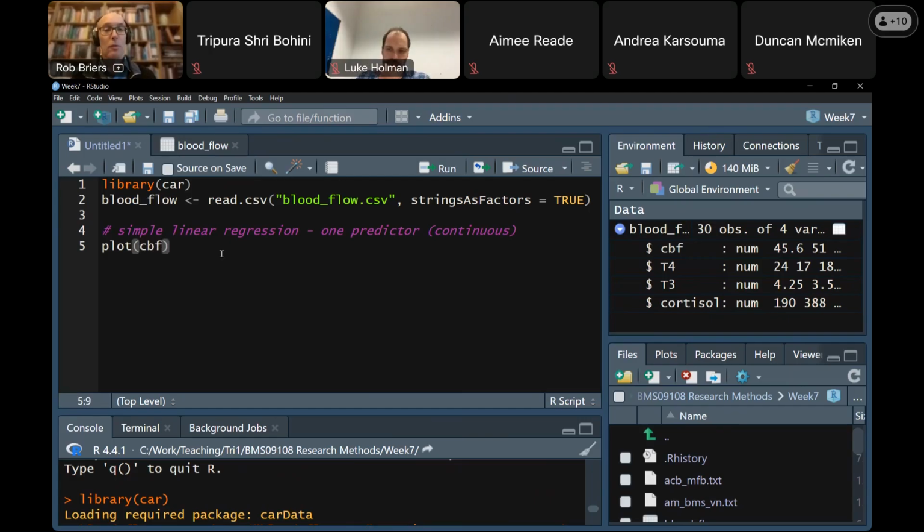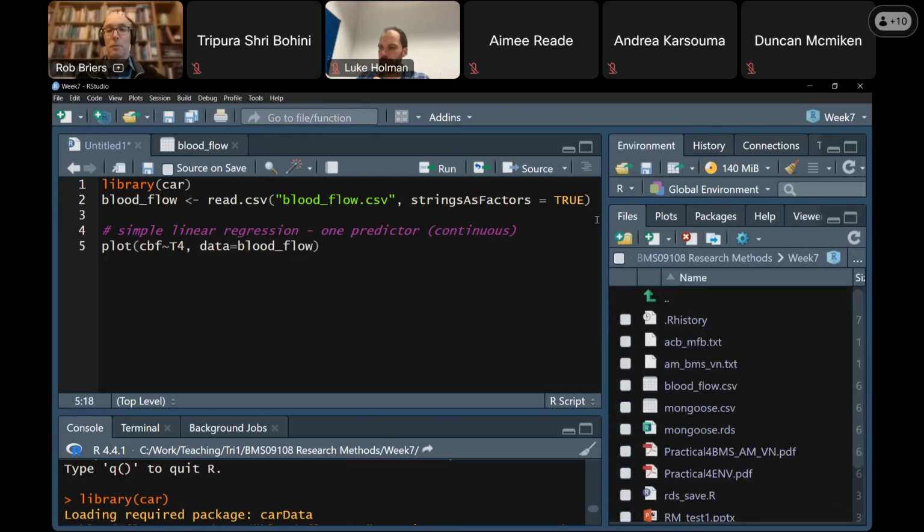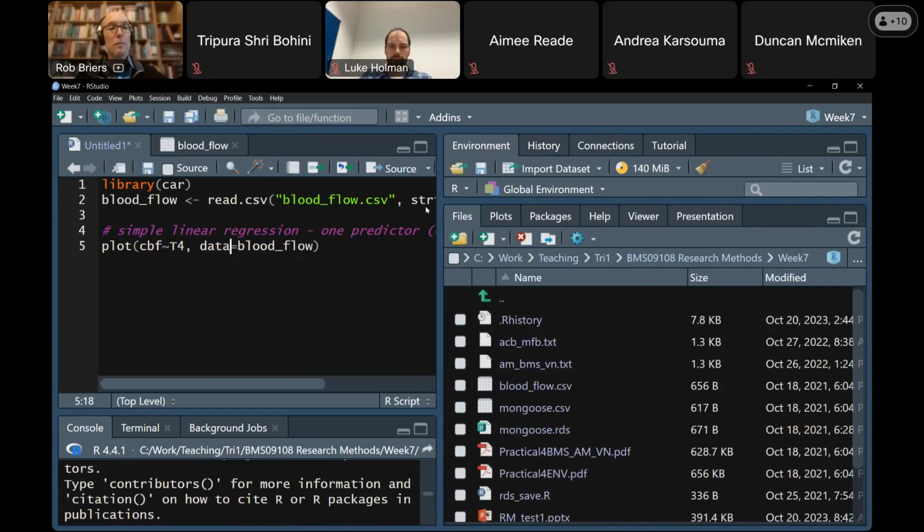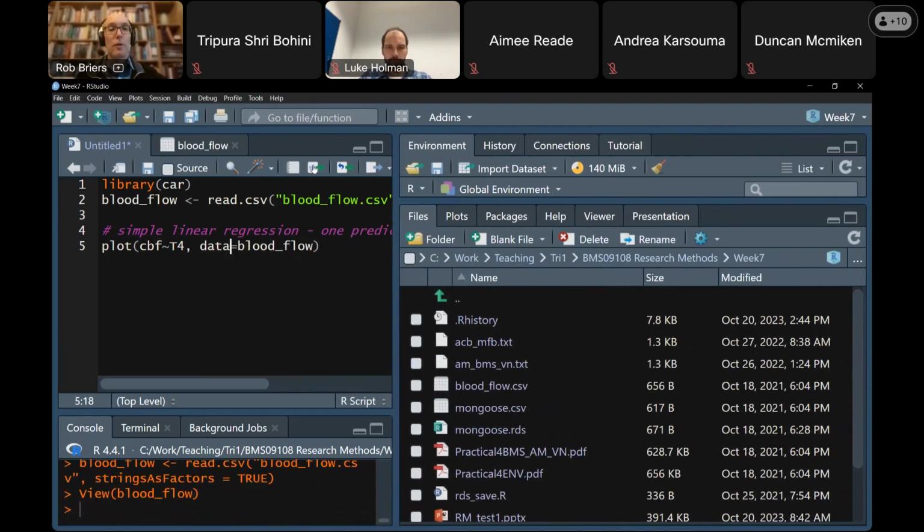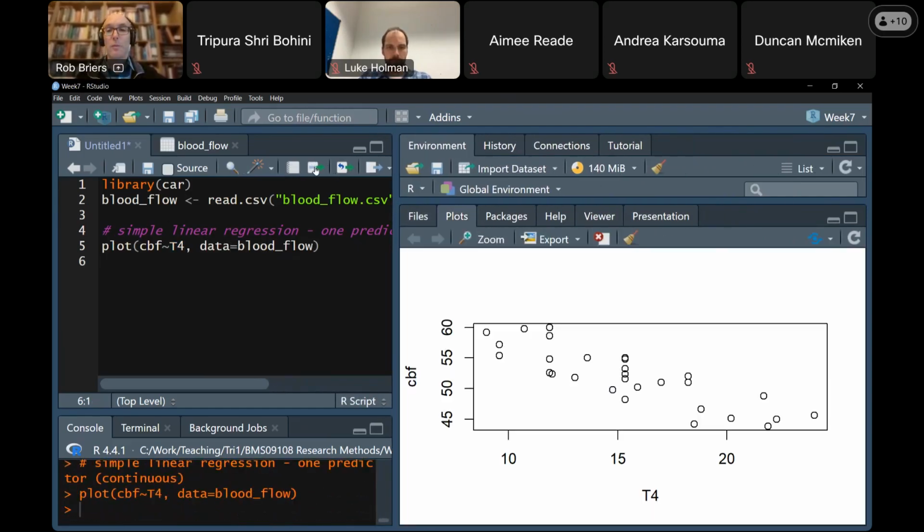To assess that, we should just have a look at it. So we'll start off with one predictor, T4, data equals blood flow. This is just a quick plot, and I'll make that bigger, just to visually assess that relationship.